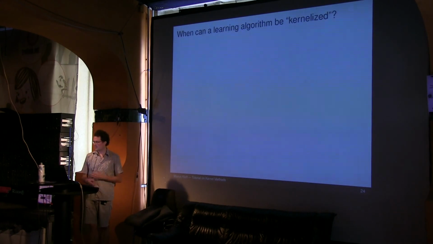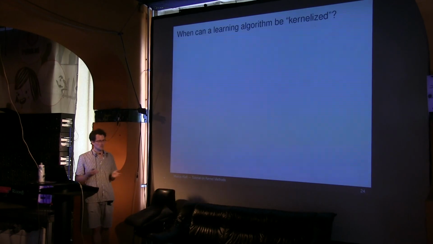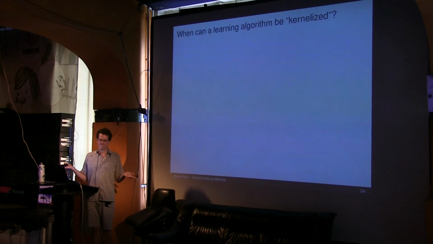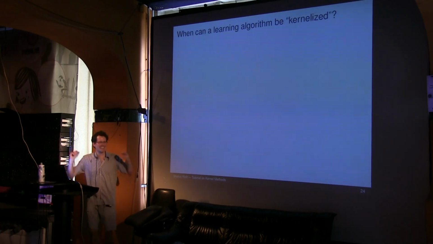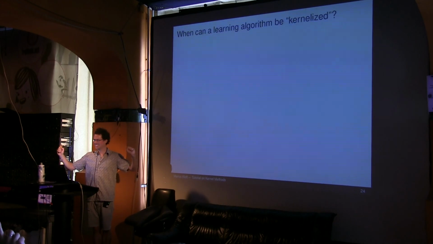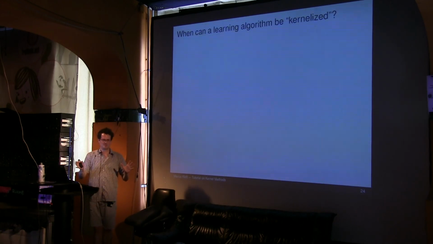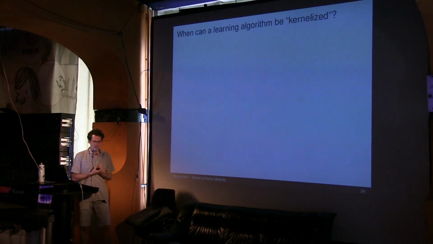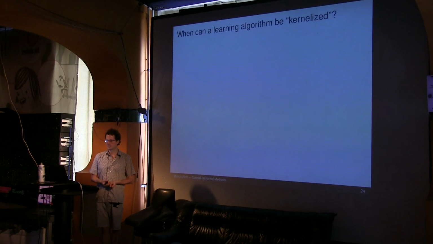So an important question is, when can a learning algorithm be kernelized? For instance, can k nearest neighbor be kernelized? Who thinks yes? Who thinks no? Let's do this again. Who thinks yes, k nearest neighbor can be kernelized? Who thinks no? Okay, so some people think no. In fact, k nearest neighbor just depends on distances.